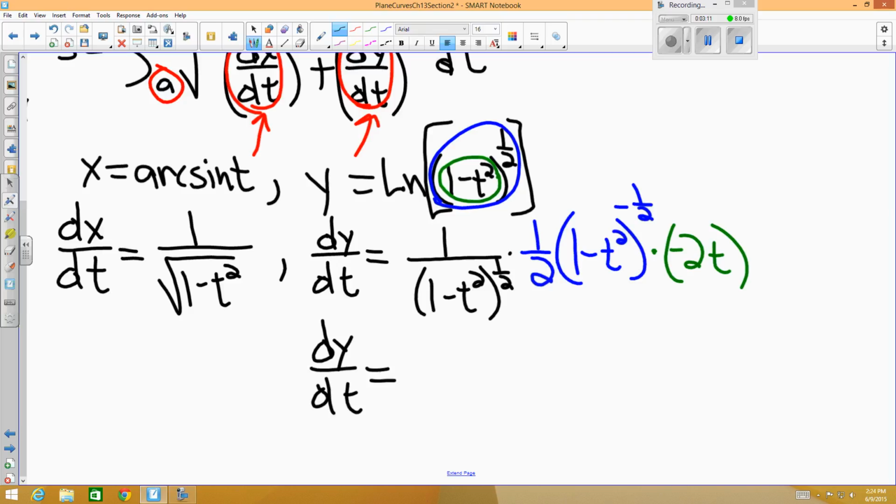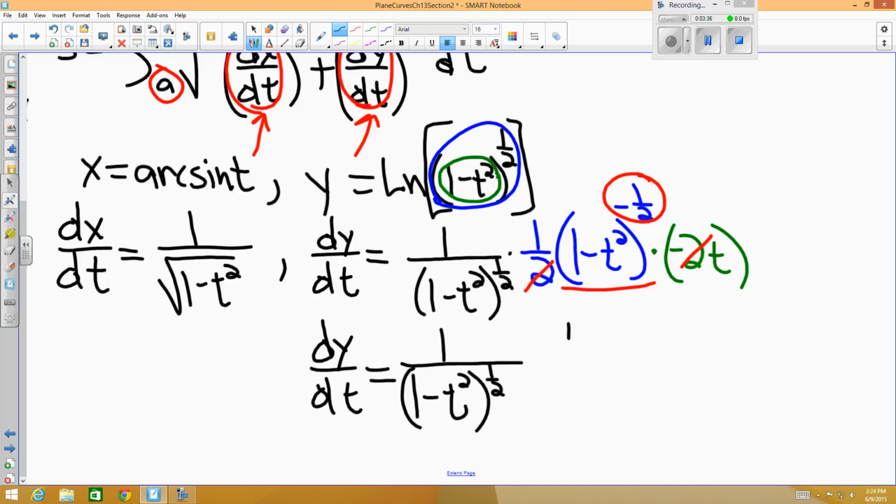This 1/2 and the 2 in front of the t will cancel. The negative exponent of this whole factor drops the factor into the denominator. So let's just write a couple of steps here to be clear. So this is 1 over 1 minus t squared to the 1/2.